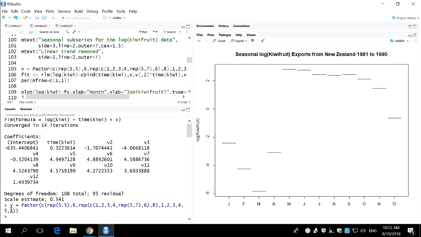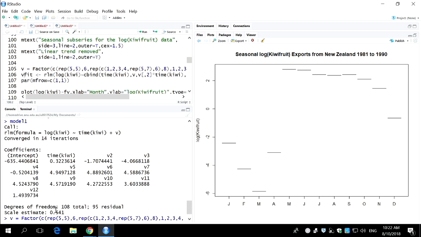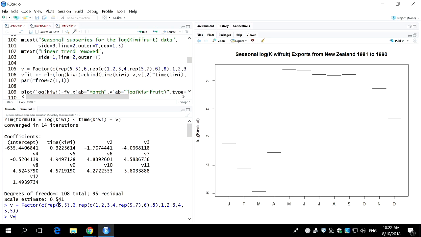So I'm going to set up a new factor. That's not quite right, so let me do it properly. You can see I fit a different model in the notes. That's okay. V is factor. What do I do? The data starts in July, and July's the seventh month, so that's this one here.